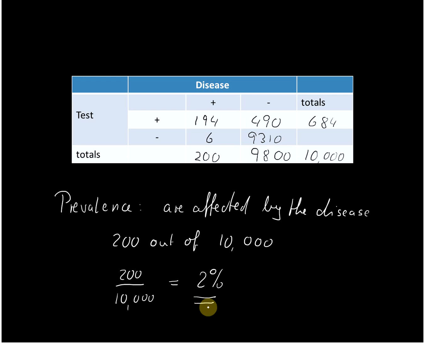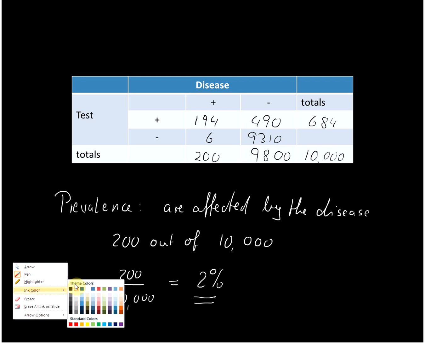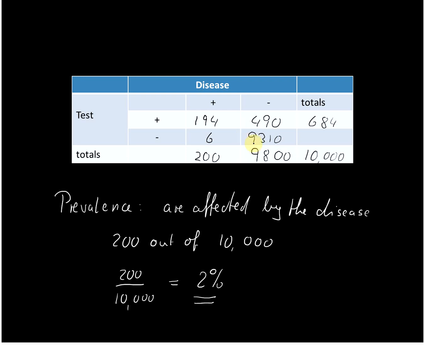Now let's have a look at the other data, and I just realized I forgot to put in the data, the total for this one, so that will be 9,316 people here.